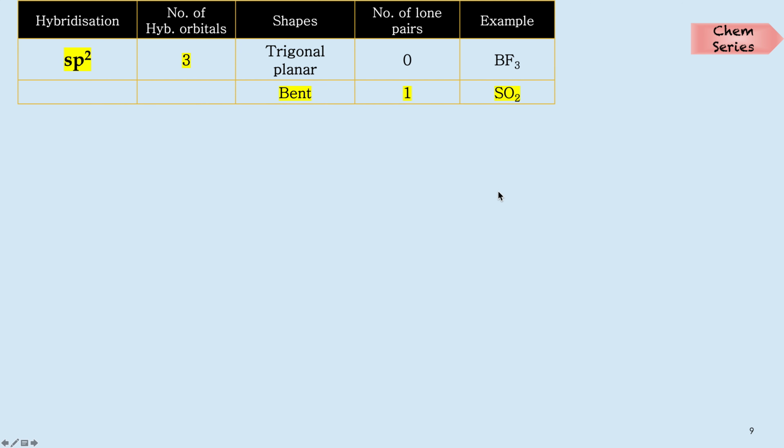Coming to the second example of sp2 hybridization, that is SO2. S will be your central atom and its valence electrons are 6. It has been written like this. There are 2 oxygen atoms. As we saw before for CO2, it takes 2 bonds for an oxygen atom to be bonded with sulfur.